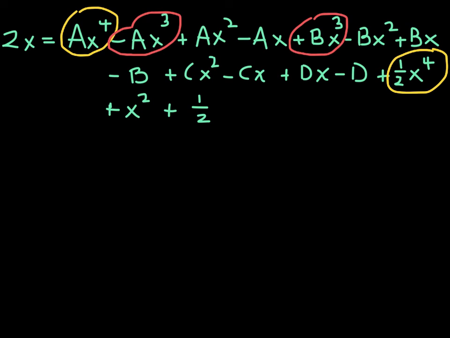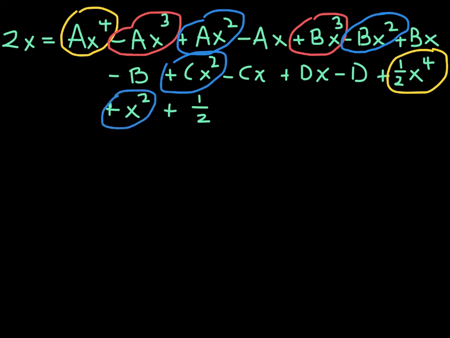Let's go to second degree, quadratic terms. So you got ax squared. You have negative bx squared. You have positive cx squared. And you have positive 1x squared. Now we're at first degree terms, and okay, let's use green. We got negative ax, positive bx, negative cx, positive dx, and that's it for first degree terms.